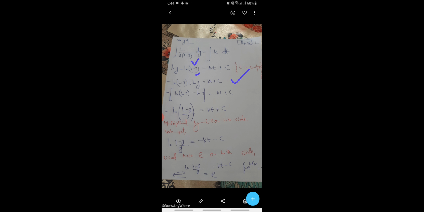So we can write this one as minus ln of L minus y divided by y, that is equal to Kt plus C.